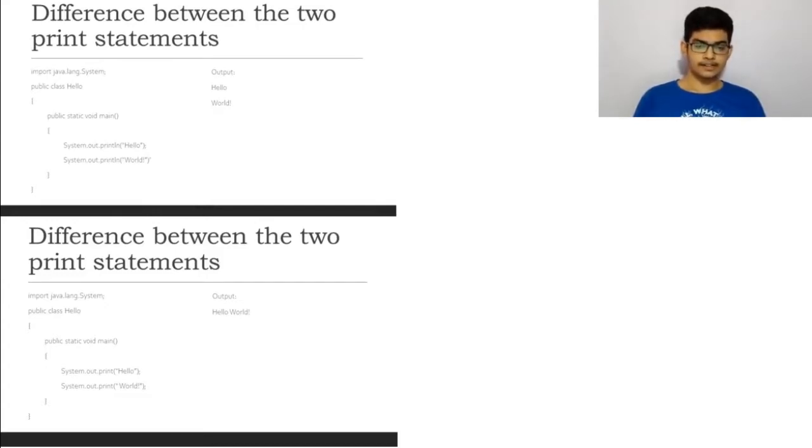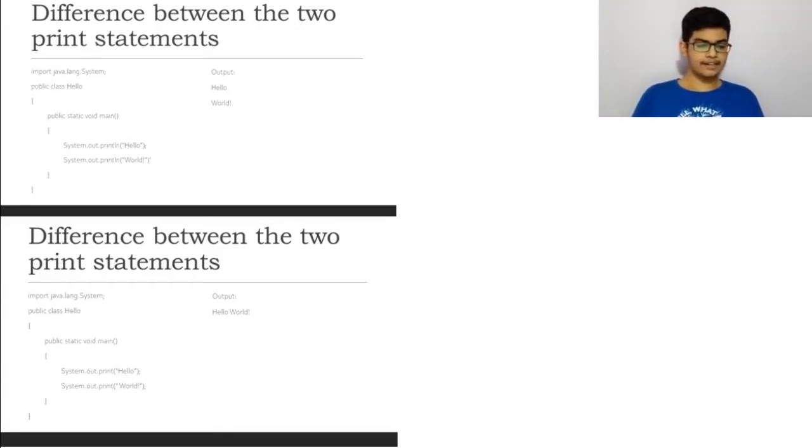To demonstrate this, we'll compare the following two codes. SOP, open parentheses, Hello, close parentheses, semicolon, next line SOP, open parentheses, World, close parentheses, and SOPLN, open parentheses, Hello, close parentheses, semicolon, next line, SOPLN, open parentheses, World, close parentheses, and semicolon.